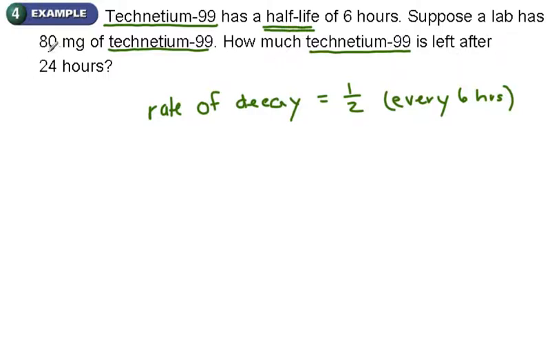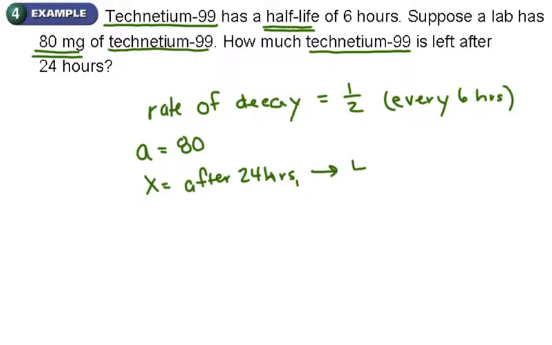Suppose a lab has 80 milligrams, so that's my beginning amount. How much technetium is left after 24 hours? After 24 hours, that means we have had 4 half-lives because 24 divided by 6 gives us 4.